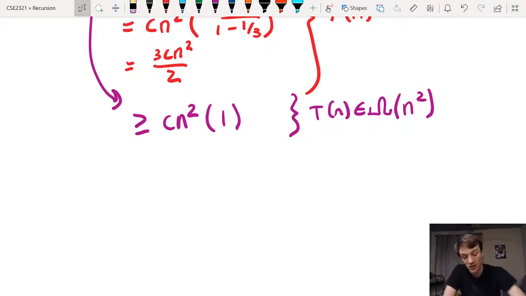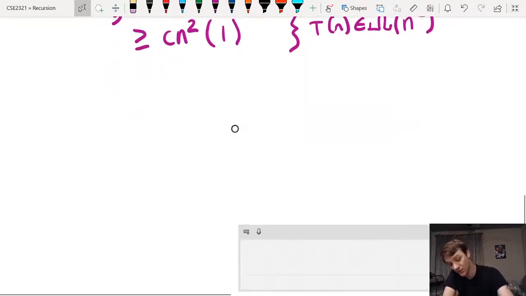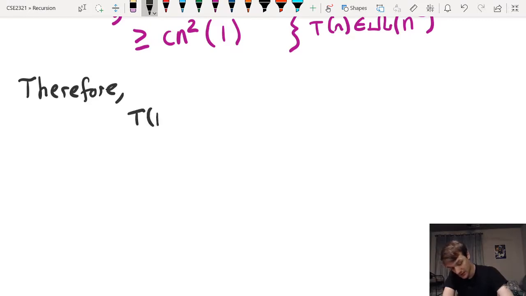Those two things together, it being in big O of n squared and it being in big omega of n squared, is enough for me to conclude that, therefore, T of n is in theta of n squared.